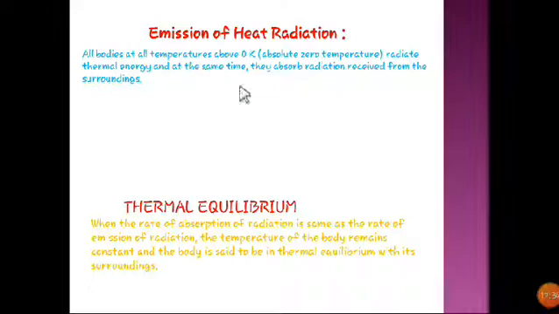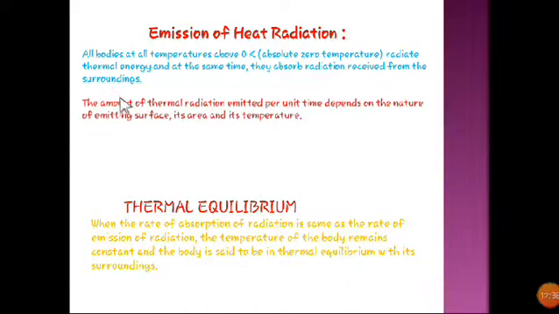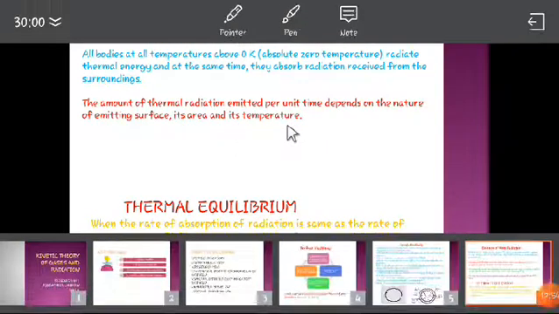Let's move to the next point. The amount of thermal radiation emitted per unit time depends on the nature of the emitting surface, its area and its temperature. Why is it given like this?